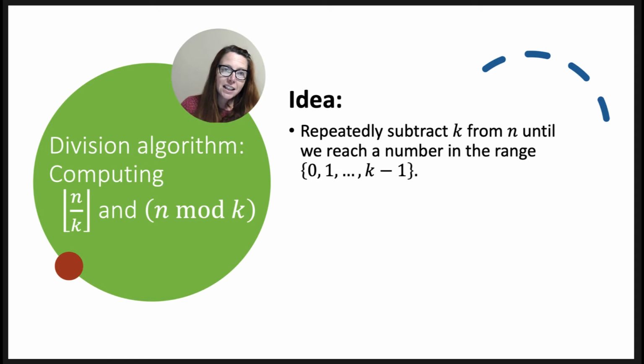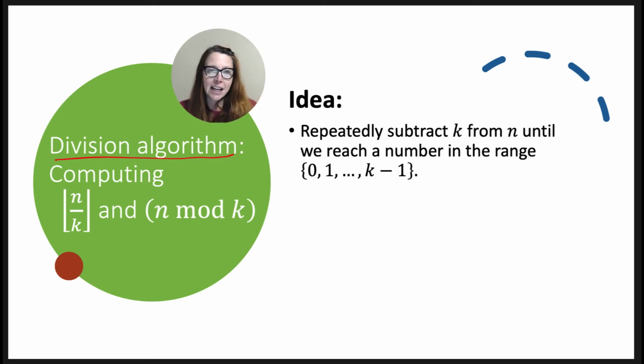So dividing like that will get you there, but it's a bit tedious. It's called longhand division for a reason. And so can we think of other ways that we can approach this? Well, one way would be to use a division algorithm to compute the floor of n over k and n mod k.